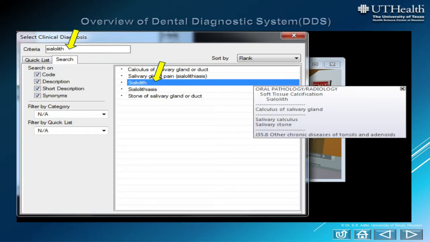When searching for possible diagnoses in the list, you will note options such as the above, presenting selection of sialolith as one of your clinical diagnoses. The selection of sialolith would be most appropriate after ruling out all other possible pathologies consistent with this scenario.